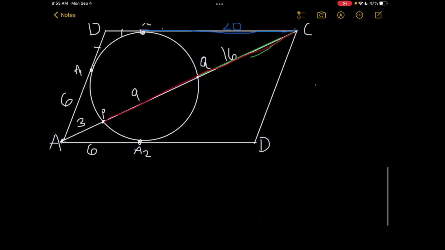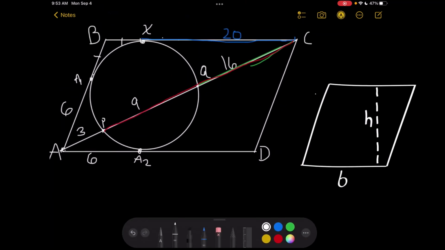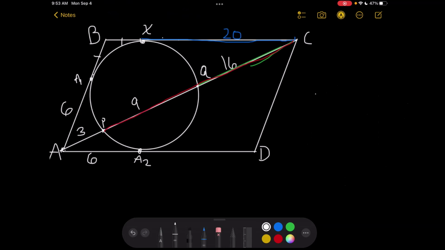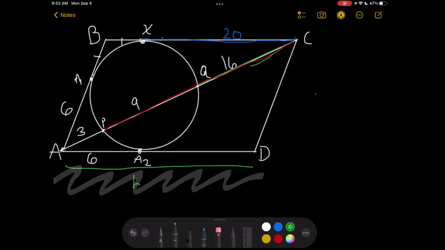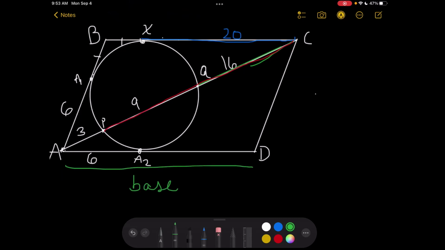So now, how do we find the area of a parallelogram? Well, it's just base times height, like a rectangle or a square. What is the base? This is our base. And the height is the perpendicular from the side opposite the base to the base.